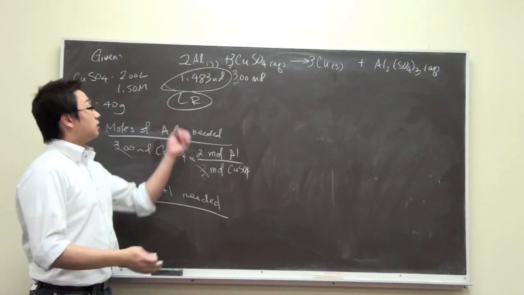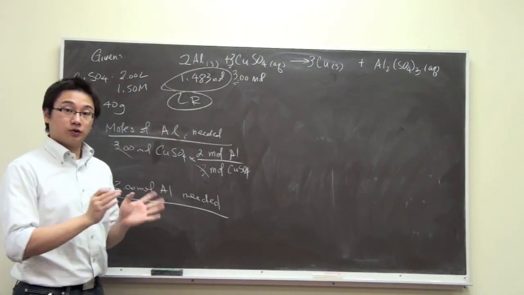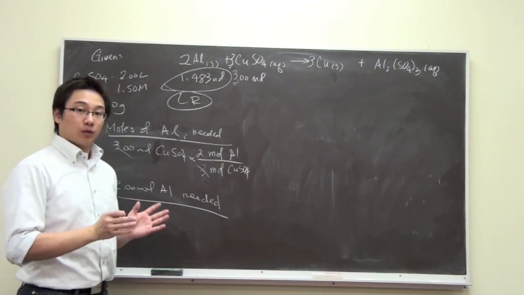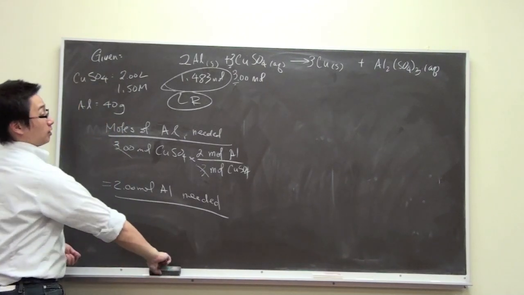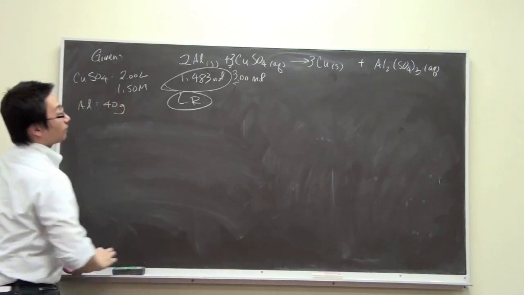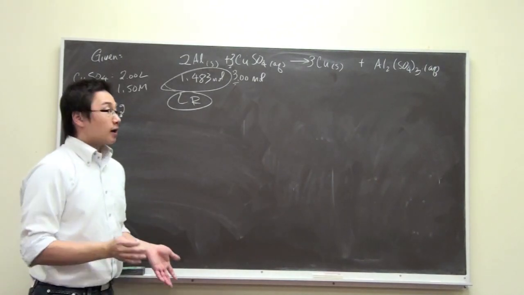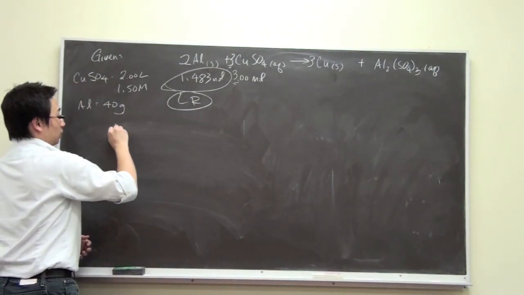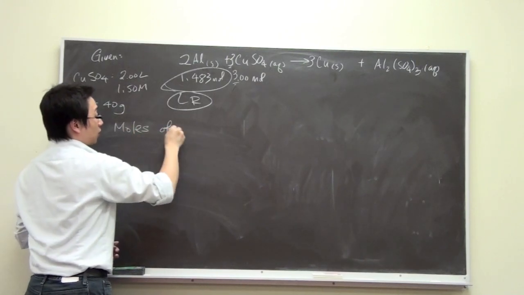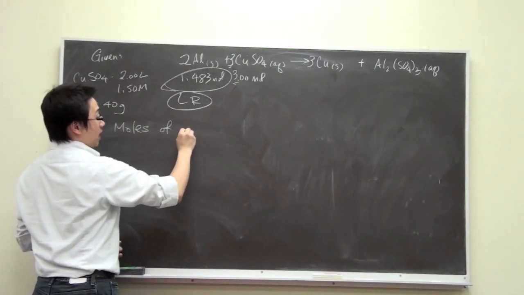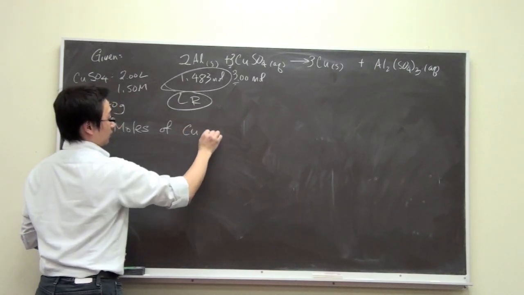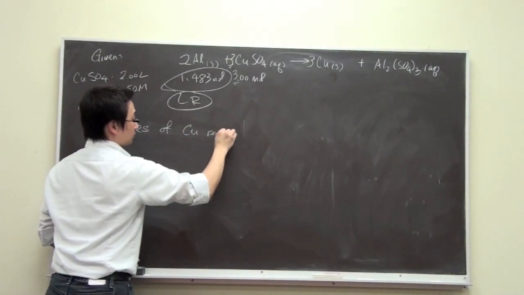So we're going to use the number from the aluminum to calculate the mass of copper that will be replaced. So let me erase this part. Okay, now let's do it in 2 steps. So we know what is the limiting reactant, and now we can calculate the moles of copper replaced.